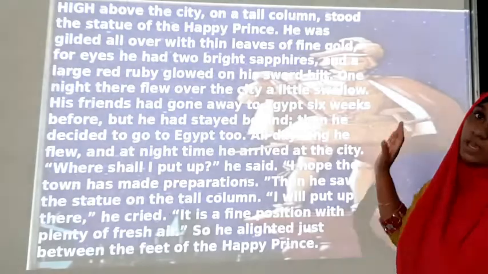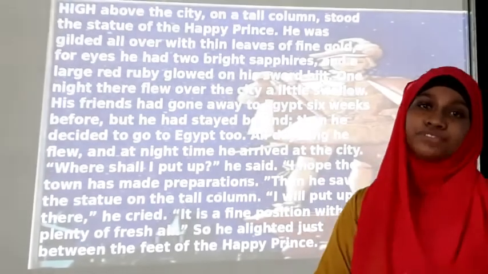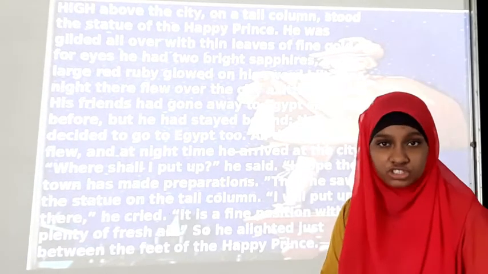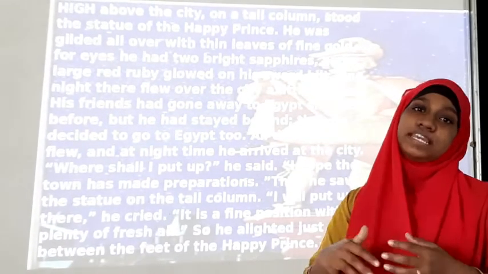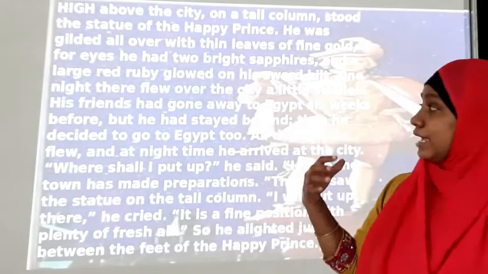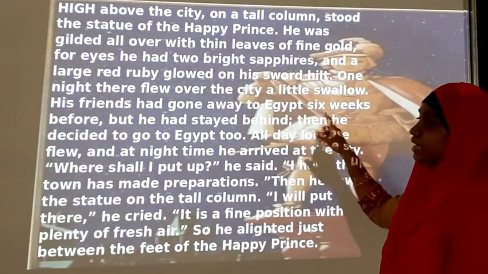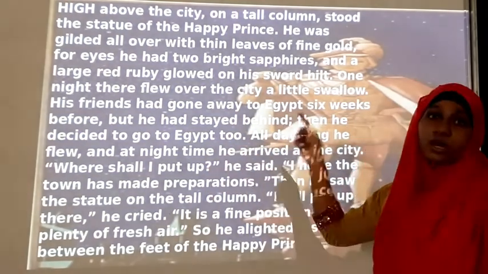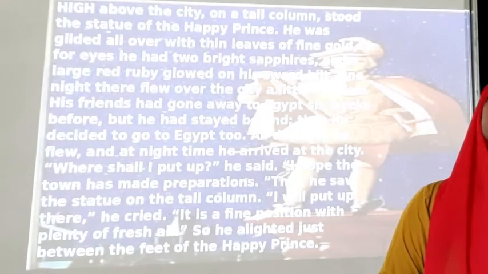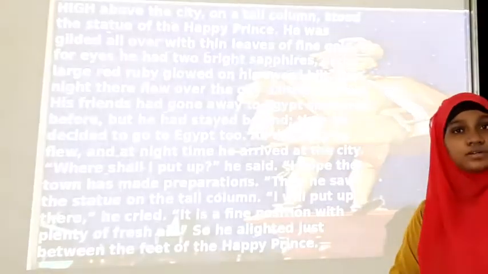And this swallow was staying there, admiring the beauty of nature, for around six weeks. But he had stayed behind. After six weeks, the swallow decided to go to Egypt too, to join the group.